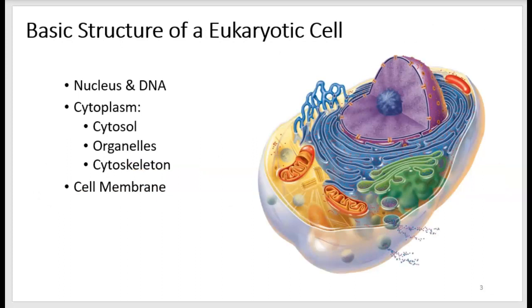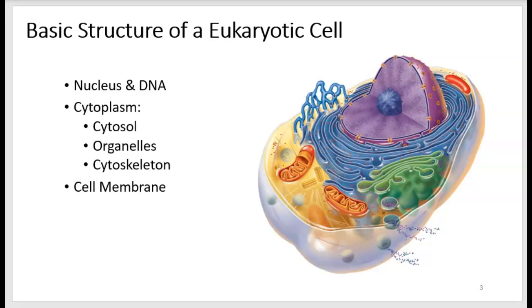So even though there are different types of cells based on shape and function and maybe internal structure, some things that they all have in common include a nucleus that houses DNA, cytoplasm that consists of a viscous fluid called cytosol, small internal structures called organelles, and intracellular proteins that form a framework inside the cell.